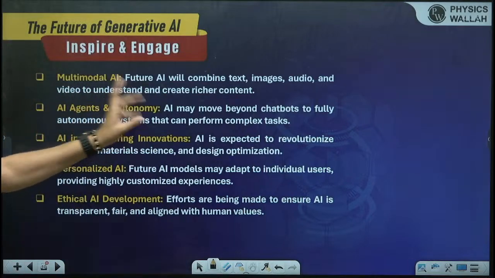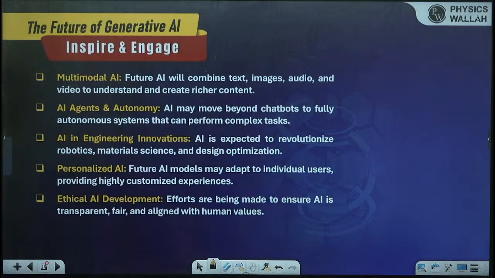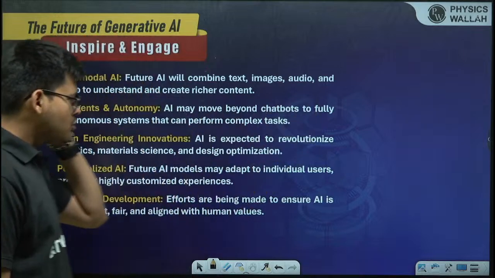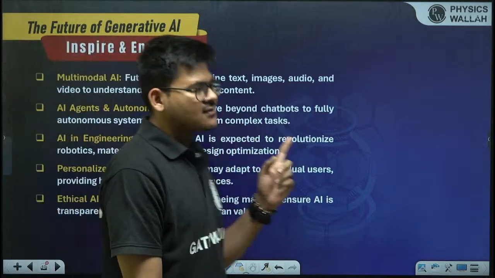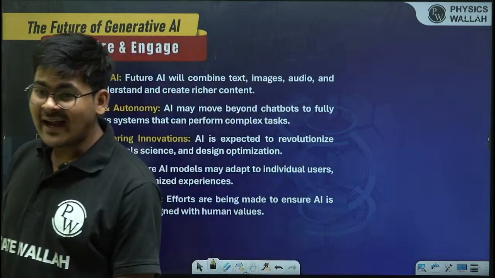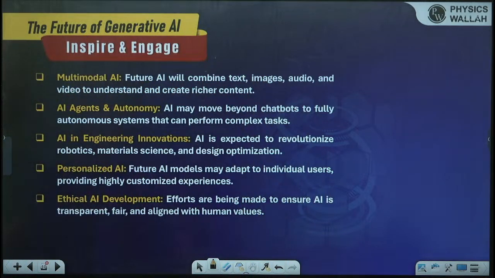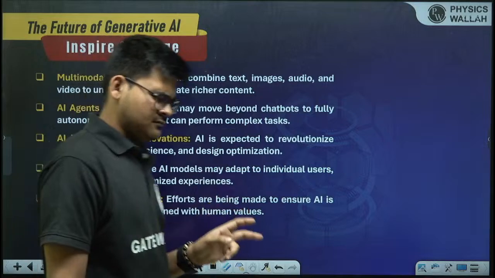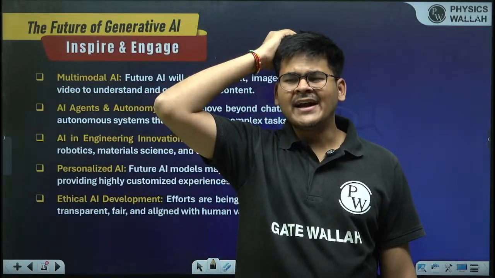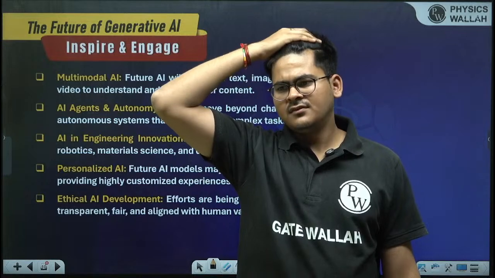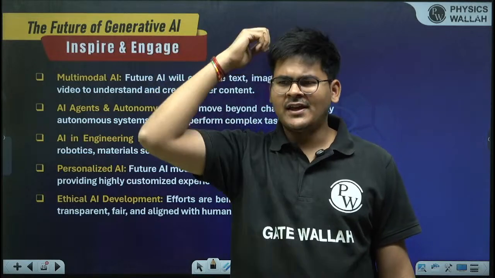AI agents and autonomy. AI may move beyond chatbots to fully autonomous systems that can perform complex tasks. And that is actually happening. How many of you have heard of something called AI agents?